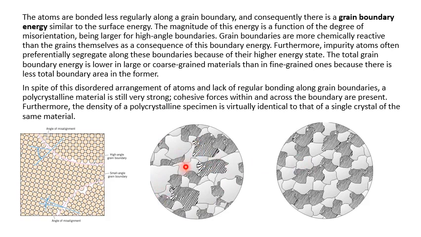Having grain boundaries does not have an effect on the density of the material. A solid material with a single crystal structure has the same density as the polycrystalline structure of the same material.